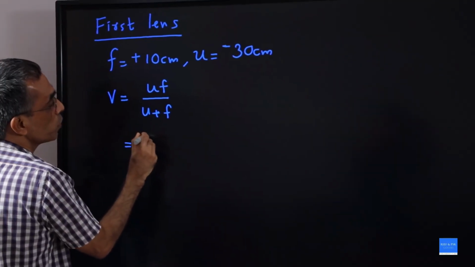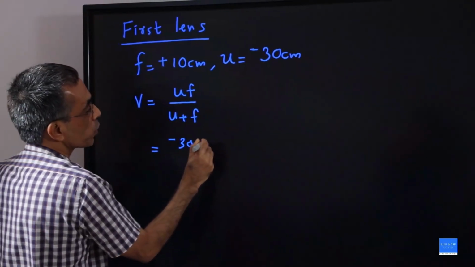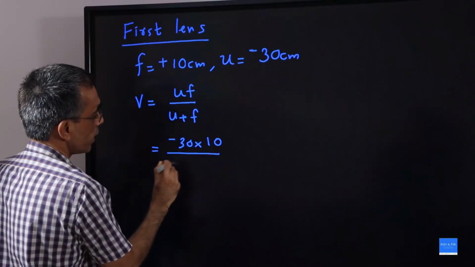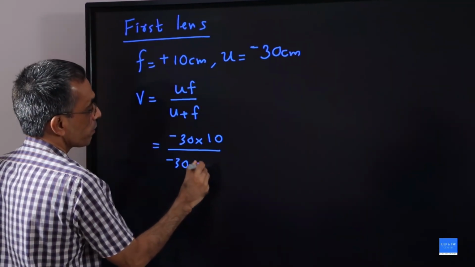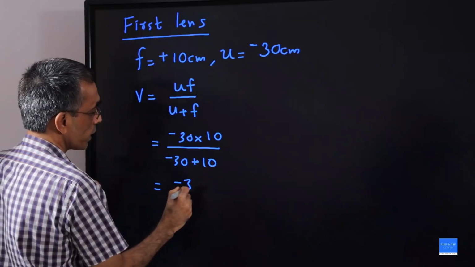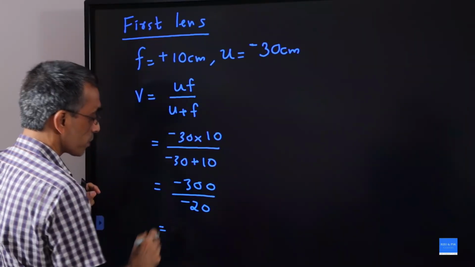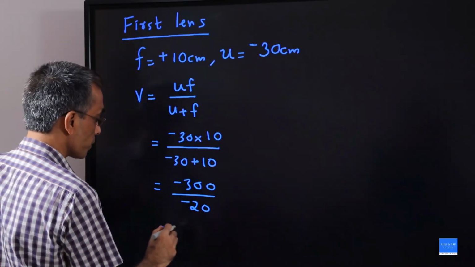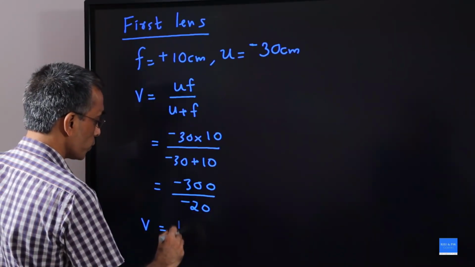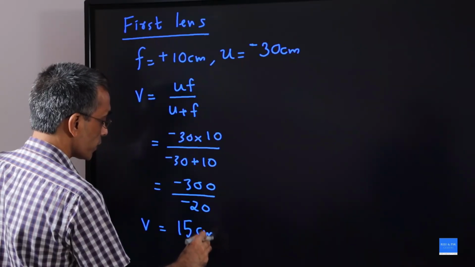This gives you u is minus 30, f is plus 10, divided by minus 30 plus 10. This gives you minus 300 divided by minus 20. Minus minus cancel. This gives you v is equal to 15 centimeter with the positive sign.